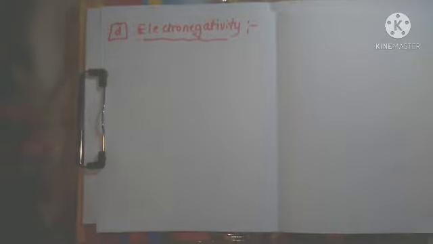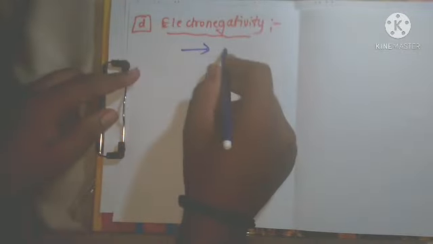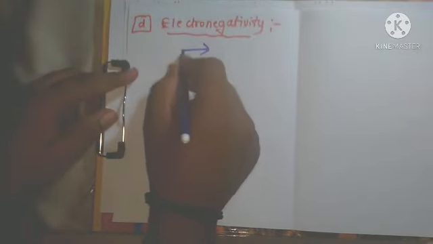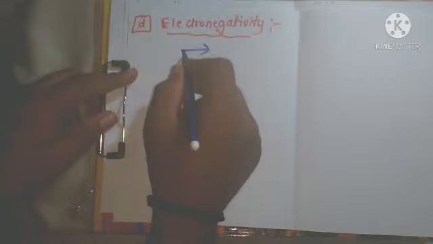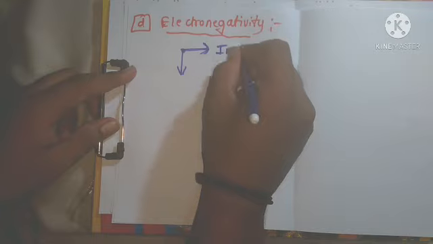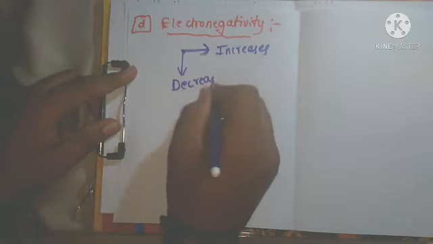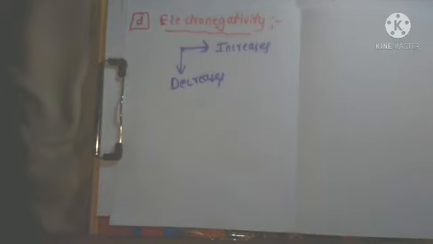Now we are not interested in the definition here, we are interested in the order, how it changes along group and along period. It is exactly opposite to that of the atomic radius. Along period it increases, along group it decreases.